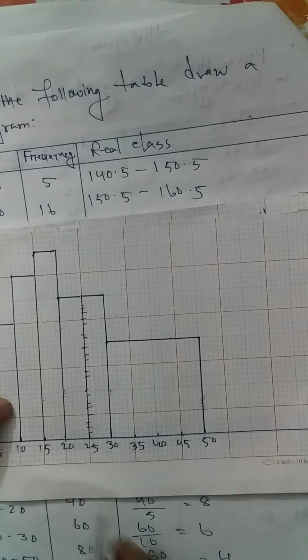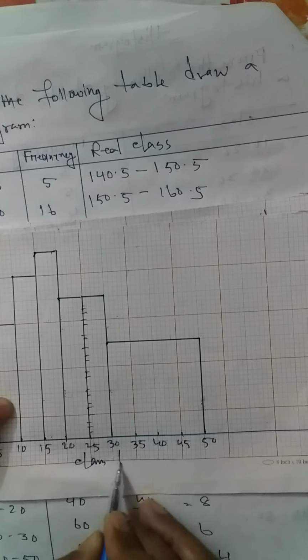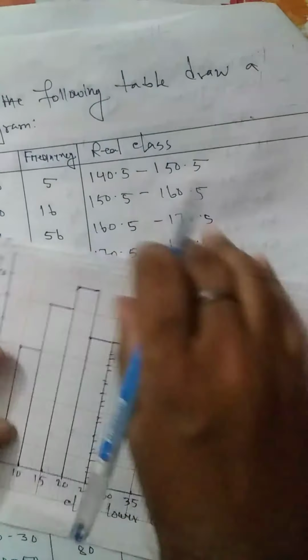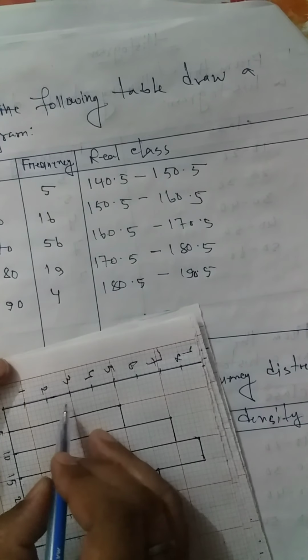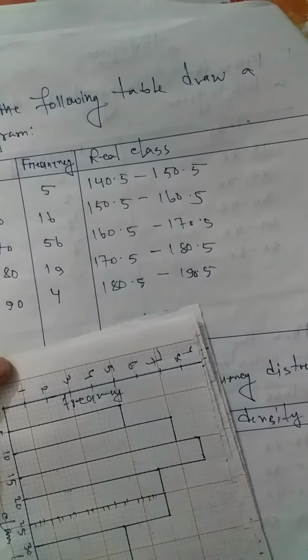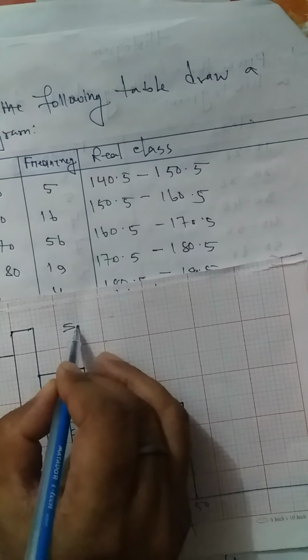The OX axis indicates the class lower limit, and the y axis indicates frequency. Now write a scale.